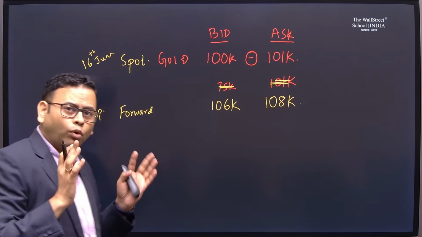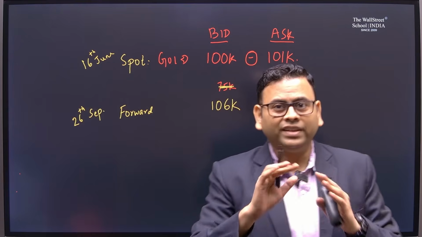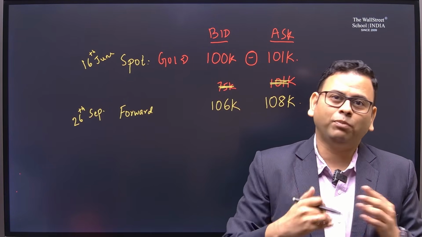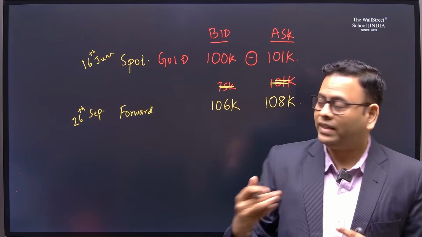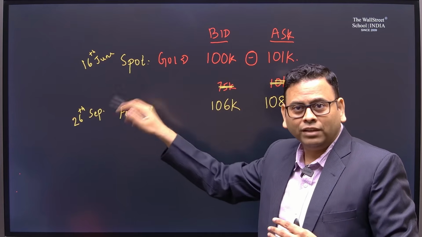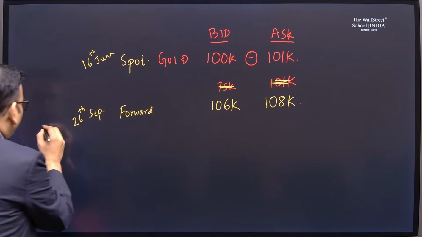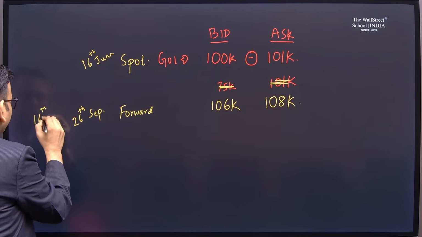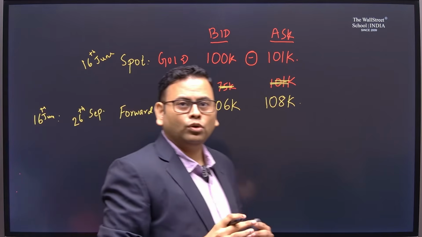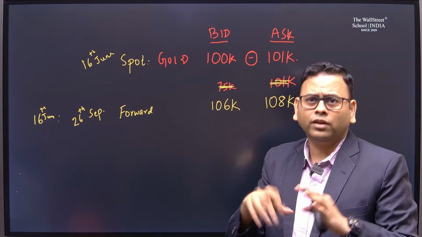This means that if you want to fix the gold price today, but the delivery will be on 26th of September, right, and this price will keep on changing. So, tomorrow you might see a different quotation, but the delivery date would remain the same. So, this is 16th June forward price, right, and let us say I do not want to get into forward contract today, let us say I want to wait till tomorrow.